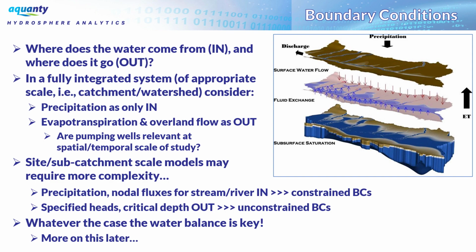As you get into smaller scale models, the application of boundary conditions can get a little bit more complex. You might use precipitation, nodal flux, or specified heads as inflowing boundary conditions, specified heads in critical depths as outflows. There's really a huge variety of boundary conditions that you can use.